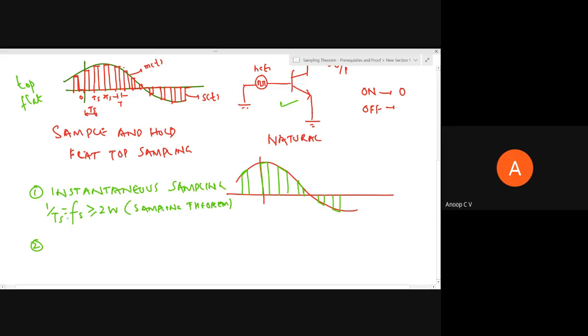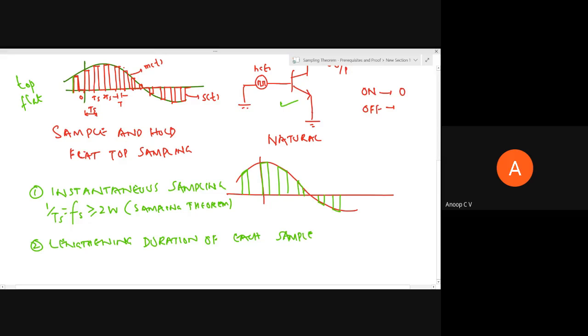In the second step, we need to lengthen the duration of each sample. So we sample and get the instantaneous value of the signal at that particular instant.